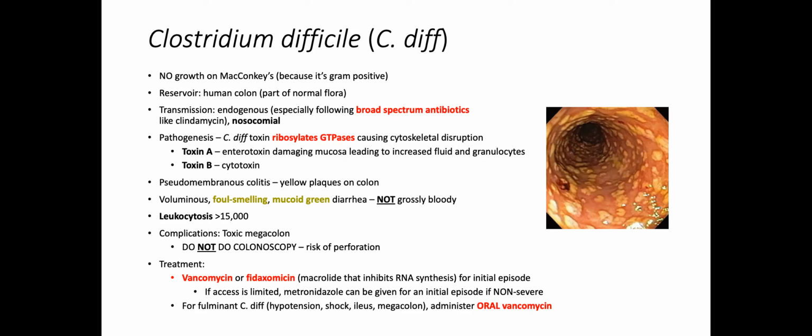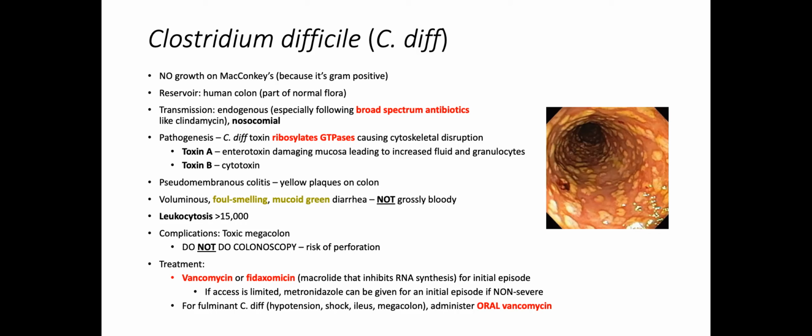So good thing we're not doing a colonoscopy. I guess what happened is they didn't realize it was C. diff, and since there's all of this colitis, a colonoscopy can risk perforation. So I would know not to do a colonoscopy. I would know that it has that foul-smelling nastiness, and that it's called pseudomembranous colitis.